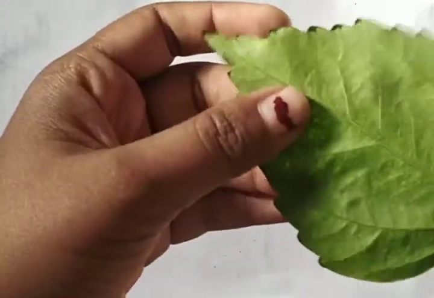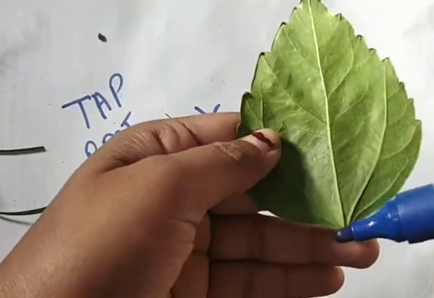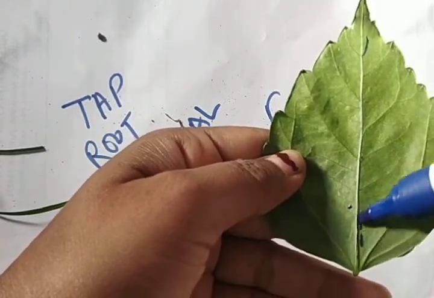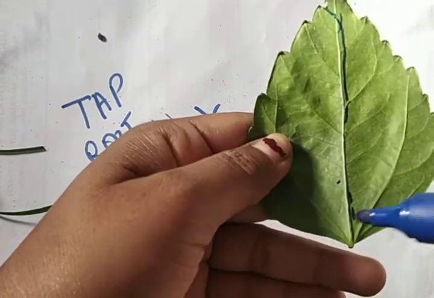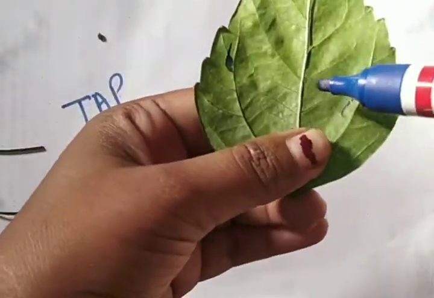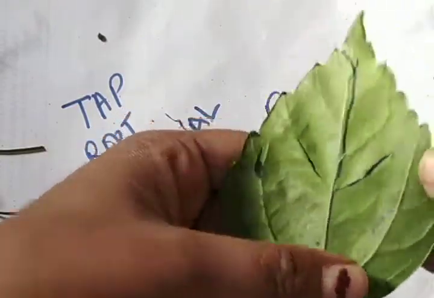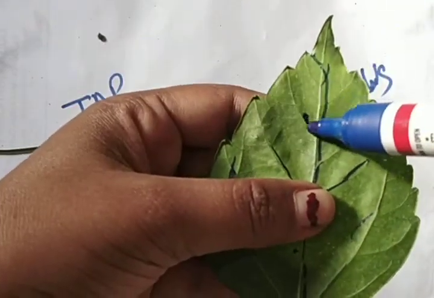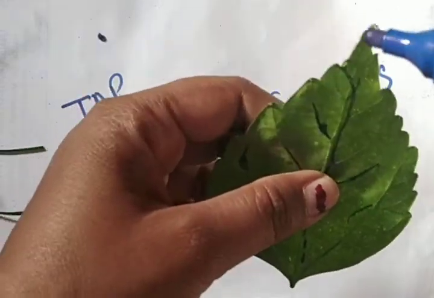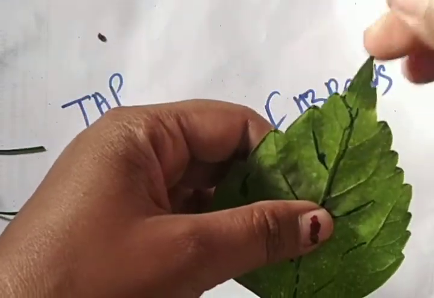Okay. And here you can see the marking. This middle portion is known as mid rib. And here veins have started. And here you see so many veins are there. Okay. And this is the tip. This portion is tip. So this is a part of leaf.